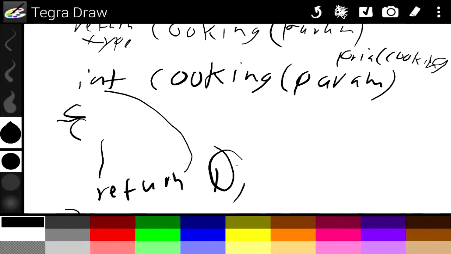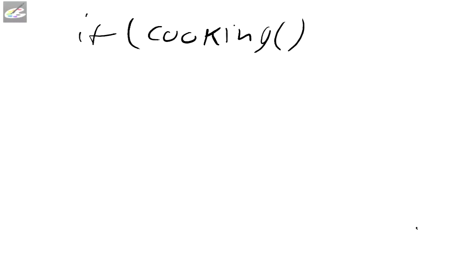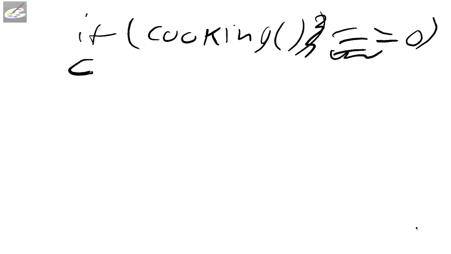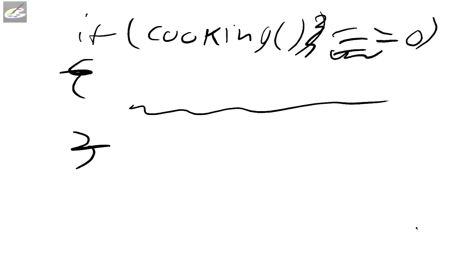So you say you have an if, and then you say cooking with whatever your parameter is going to be. You could also do a boolean, but let's say it has to equal 0. So if it doesn't work, then do this: try to figure out what went wrong, output a message, do whatever. So that's a good example of returning one type.